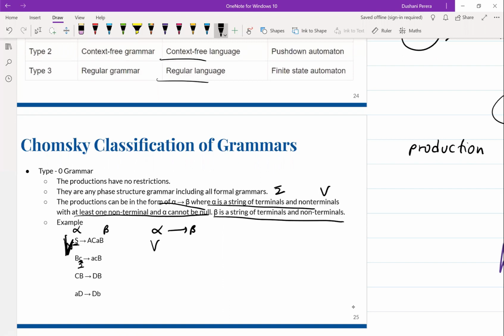So this could be either V or sigma, and this could be V or sigma. This should definitely have at least one non-terminal.